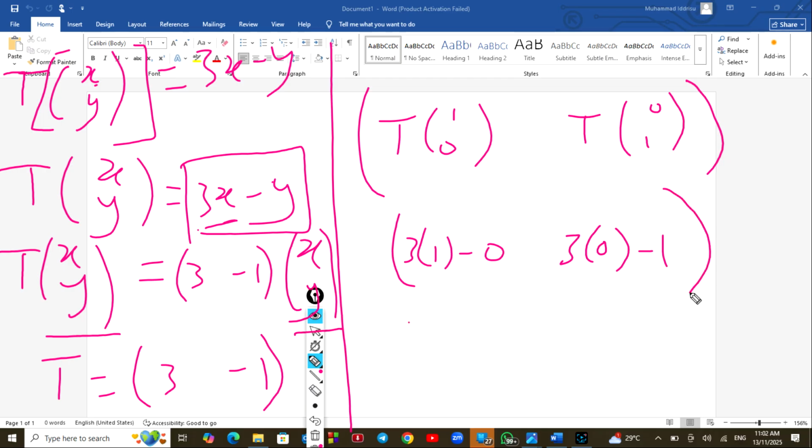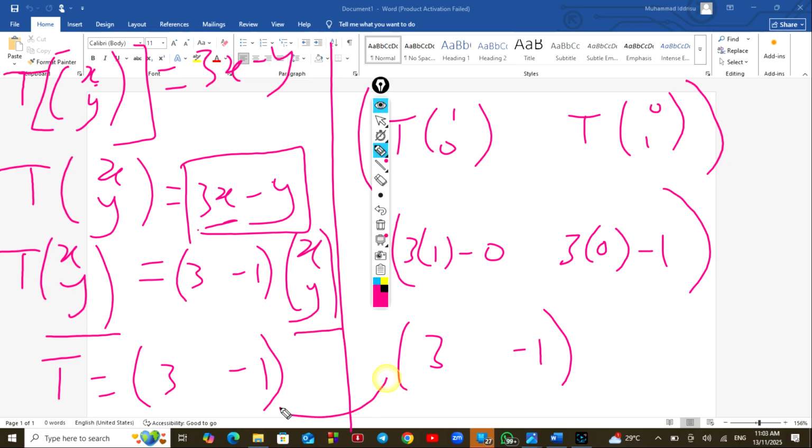So we will see that 3 times 1 is 3 minus 0 is just 3, and 3 times 0 is 0 minus 1 is also negative 1, and you will see that there's no difference between the two answers. So this is our transformation.